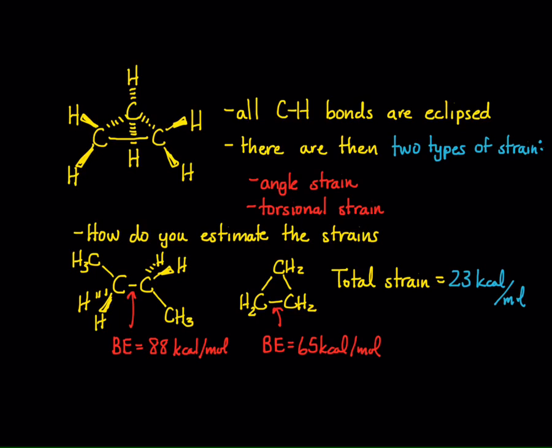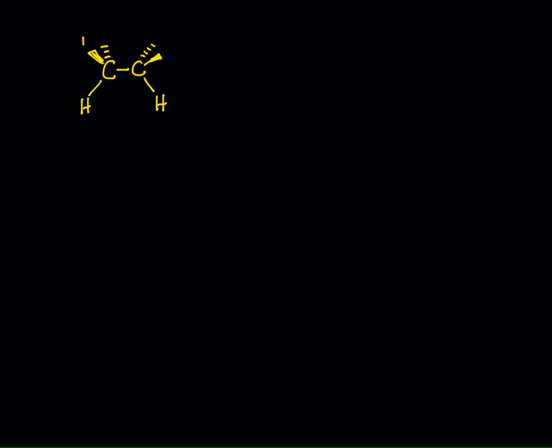Now the question is, how much of that comes from angle strain and how much comes from torsional strain? Well, we can get a good idea of how much comes from the torsional strain by going back and reviewing what happens when a molecule like ethane rotates about its sigma bond.